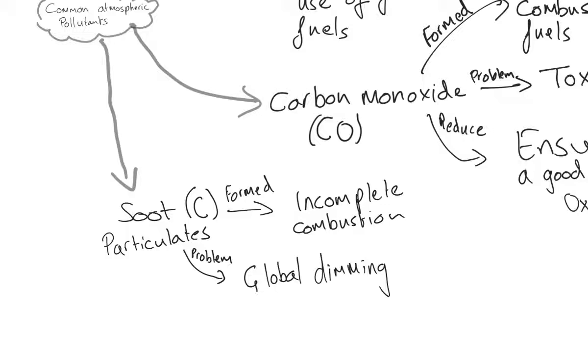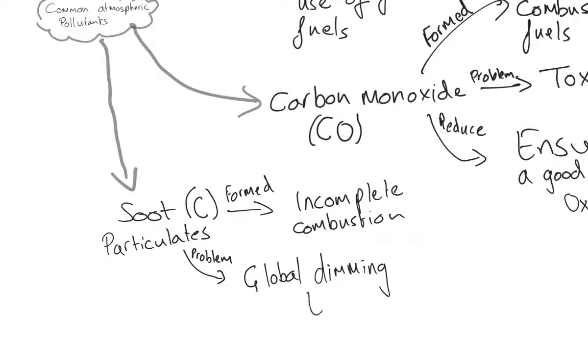So soot is being released into the atmosphere, these dark black particles of soot in the atmosphere. And when they are in the atmosphere, they stop the sunlight reaching Earth.